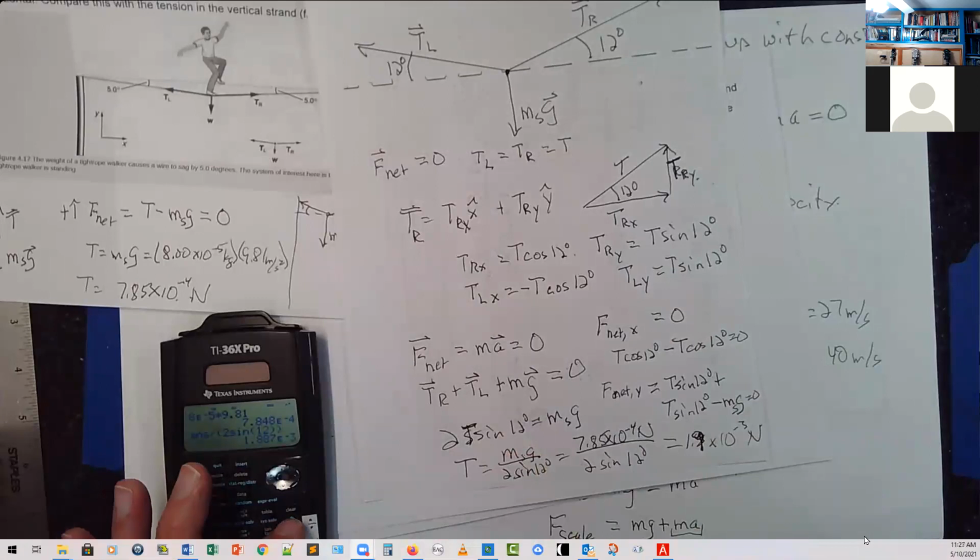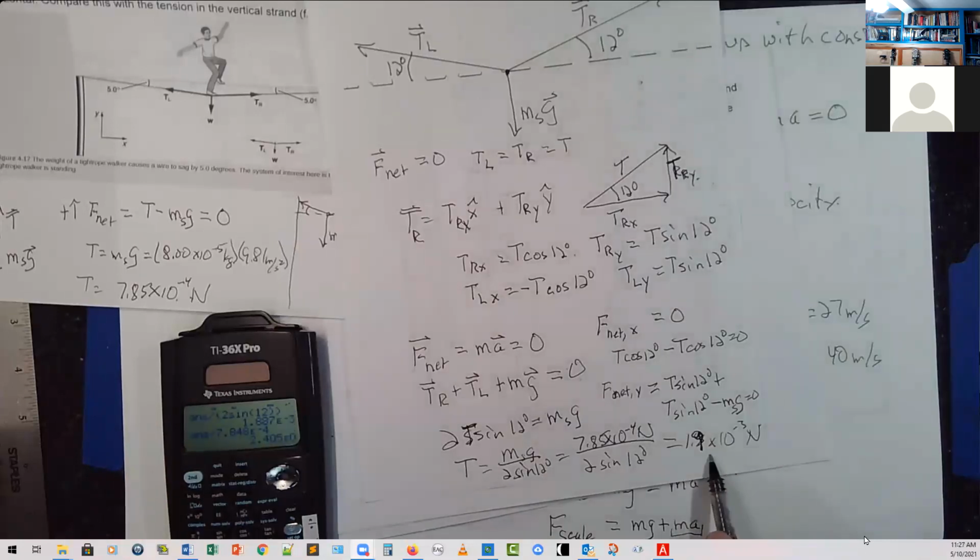In fact, if I divide by it, it's about 2.5 times as much. This amount of tension is quite a bit more.